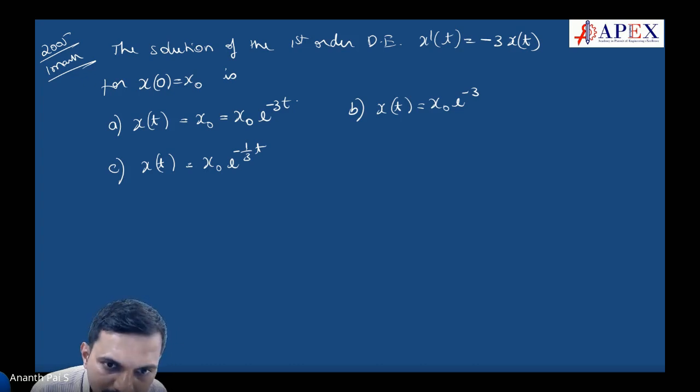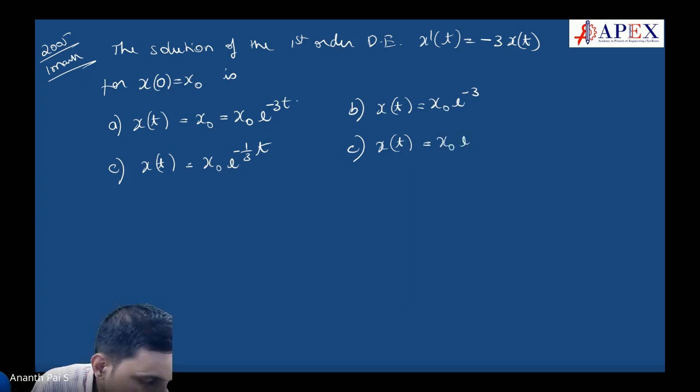Okay, minus 1 by 3 only, not 3t there. And then D, x of t is equal to x naught into e power minus t. What's the answer?